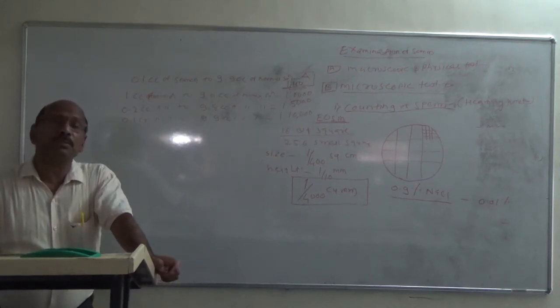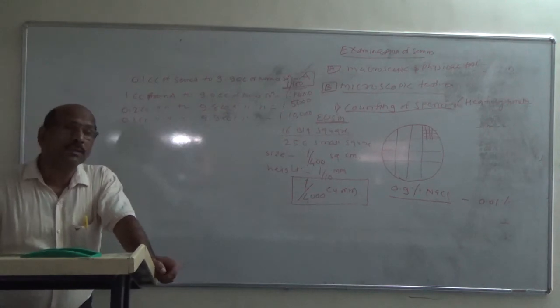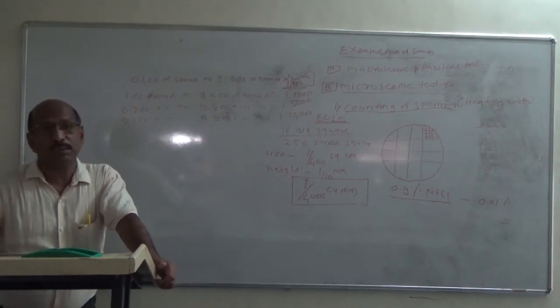With the help of the following formula we can calculate the number of sperms in 1 cc of semen.